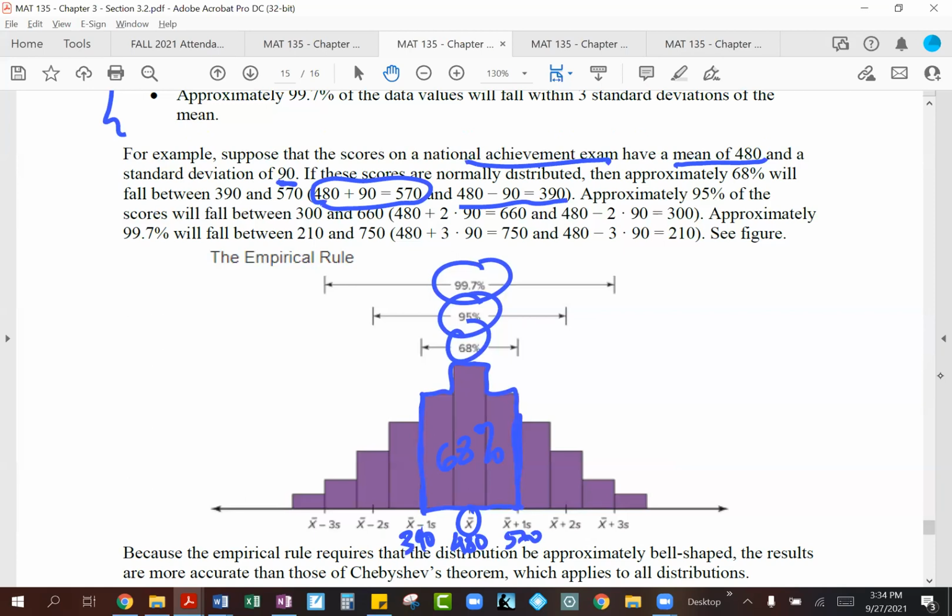Then we are saying if you go 2 standard deviations above the mean and below the mean, that would be everybody from 2 standard deviations above the mean to 2 standard deviations below the mean. So, of course, that would contain that 68% group also. And that score, our mean plus 2 times the standard deviation gives you 660.